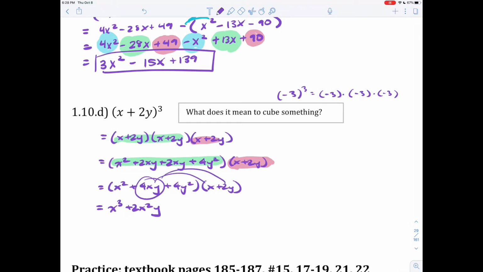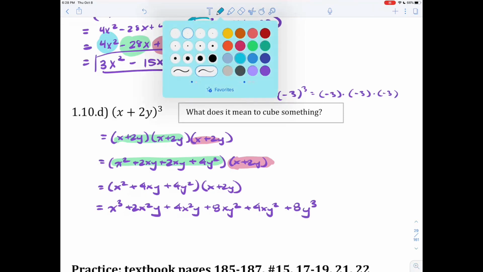We'll take 4xy, multiply it by everything, which gets us 4x squared y plus 8xy squared. 4y squared times everything will give us 4xy squared plus 8y cubed.